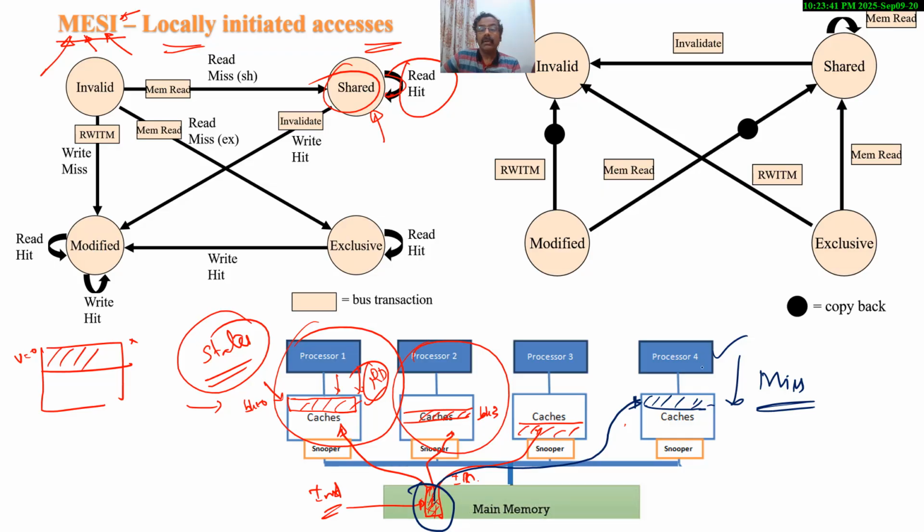Okay, now when this particular miss is happening, this read operation is performed. All these individual caches will be informed that the same block is being accessed by somebody else for a read purpose, and the individual states of these cache blocks are shared, and the other processor is performing a read operation on that particular block.